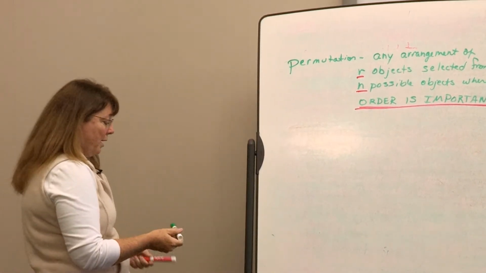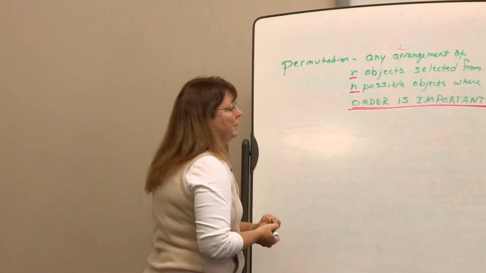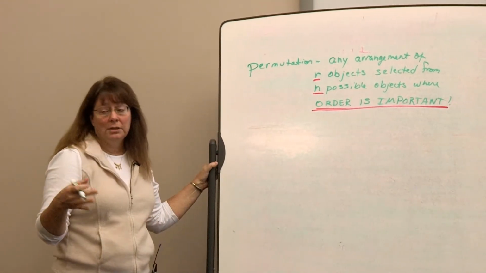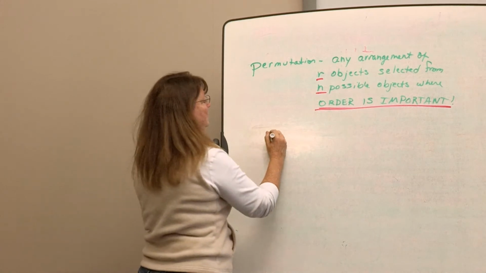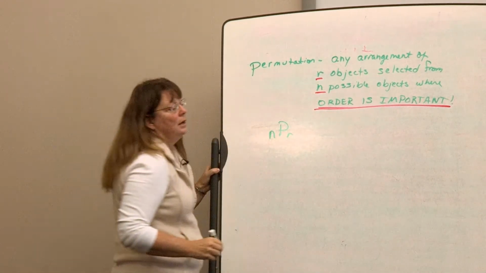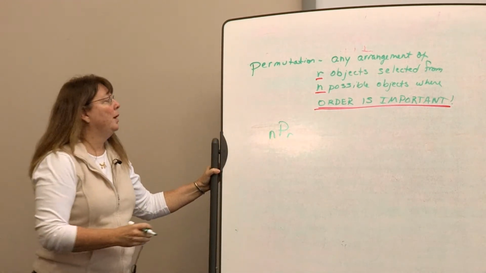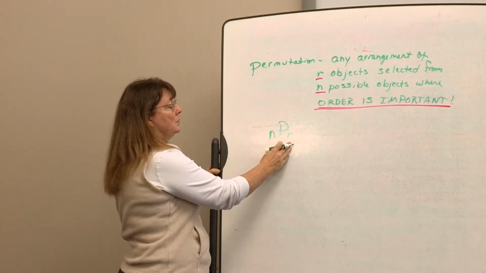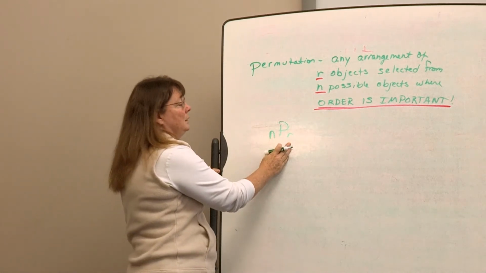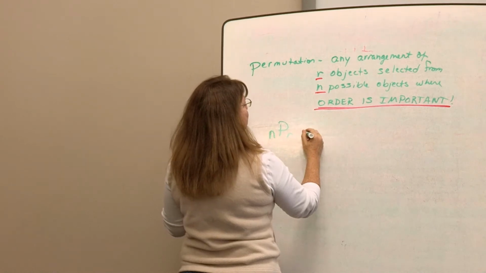And the formula that you have for a permutation, and on some of the other calculators, not the ones you guys get to use for the GRE, but you may have seen this notation before in the statistical setup where you have n items and you're going to pick so many of them. So we'll give you an example.